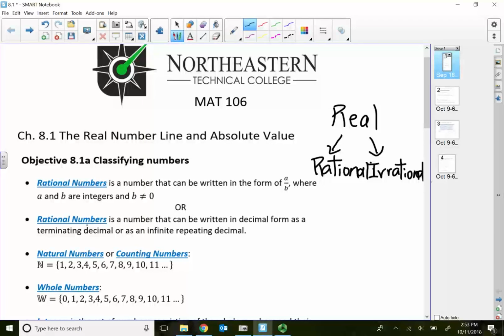Here I have another definition for a rational number, which is a number that can be written in decimal form as a terminating decimal or as an infinite repeating decimal. What that means is, if the decimal places terminate, for example like 2.45, terminating at the 100th place, then this decimal number can be converted back into a fraction.